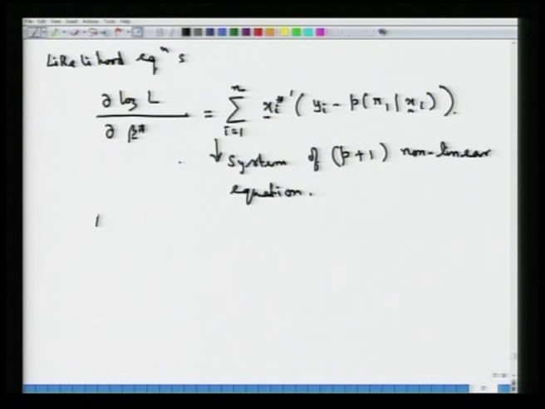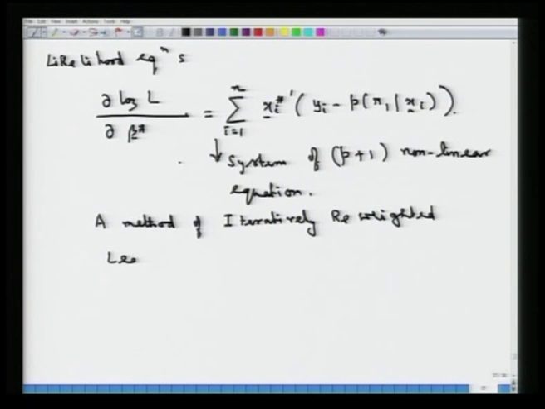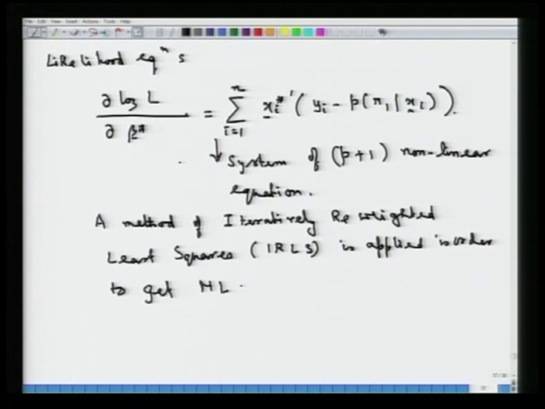A method called iteratively re-weighted least squares, or IRLS, is usually applied in order to get the maximum likelihood estimates.